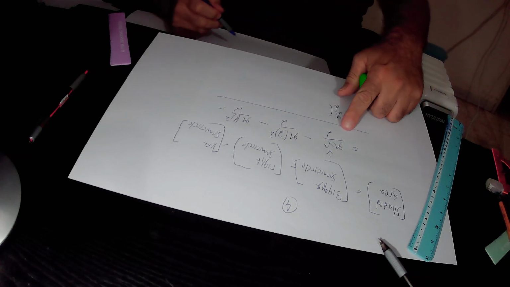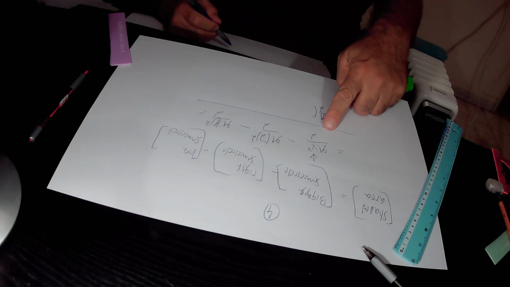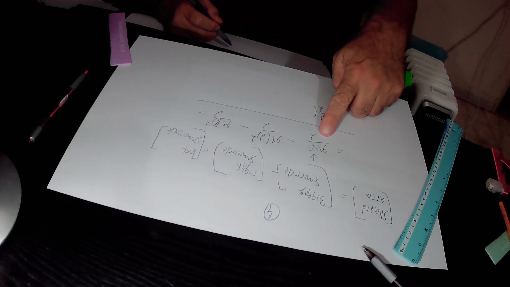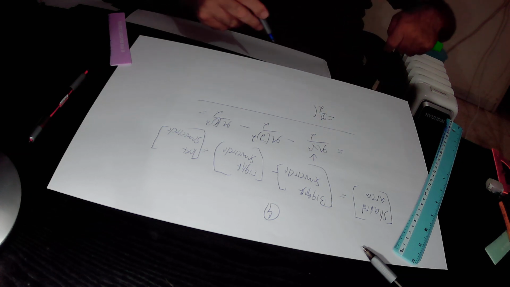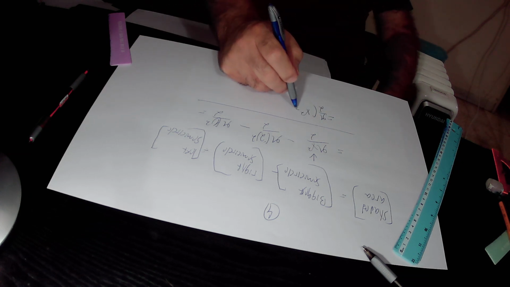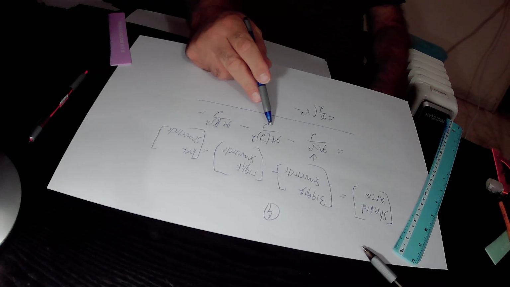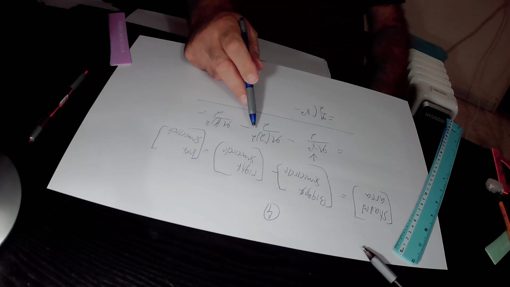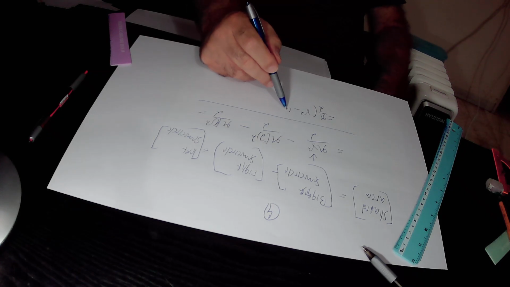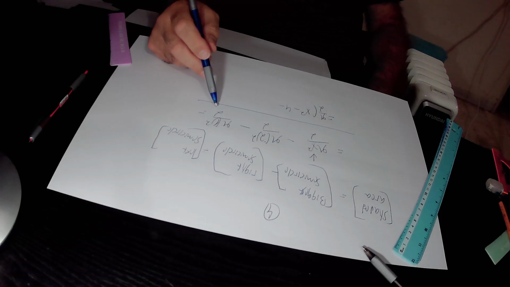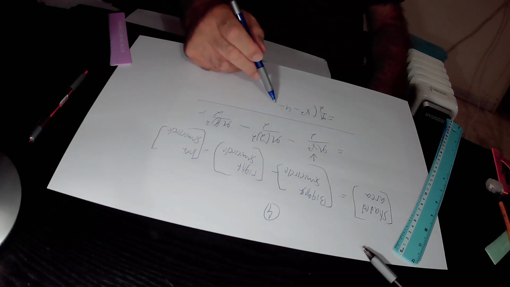After we took pi over 2 as a common factor from this expression, what is left is x squared, minus, from this expression, what is left is 2 squared, that is actually 4. From this expression, what is left is 1 squared, that is 1.